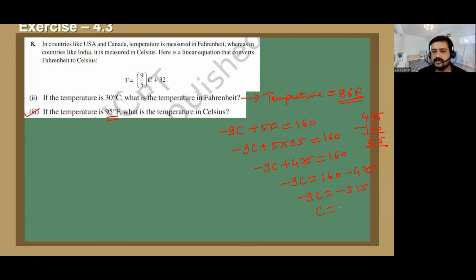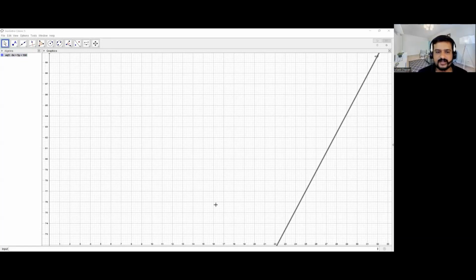So c will be what? 315 upon 9. So c will be equal to 35 degrees Celsius. Let's check this answer on the graph also, whether it is showing 35 degrees Celsius. So our temperature is 95 Fahrenheit.